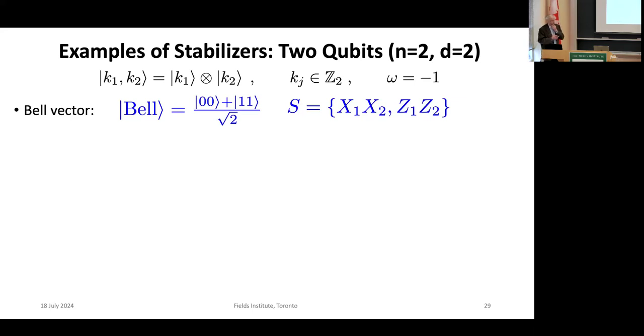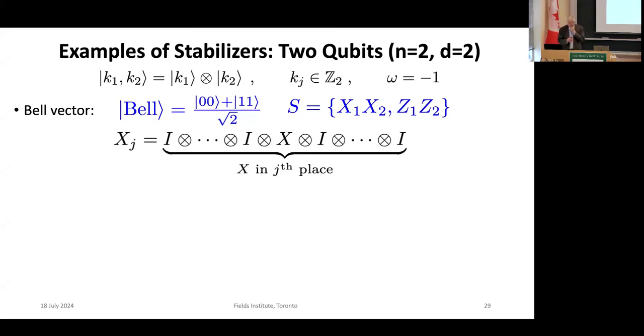If you apply Z1 Z2 to |1,1>, you get minus 1 squared, which is 1. And so it's also invariant under that. I should have put this before: Xj acts in the jth place as X.